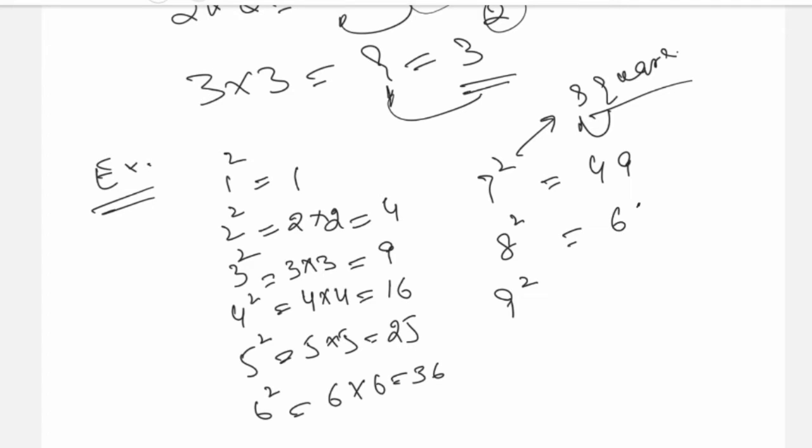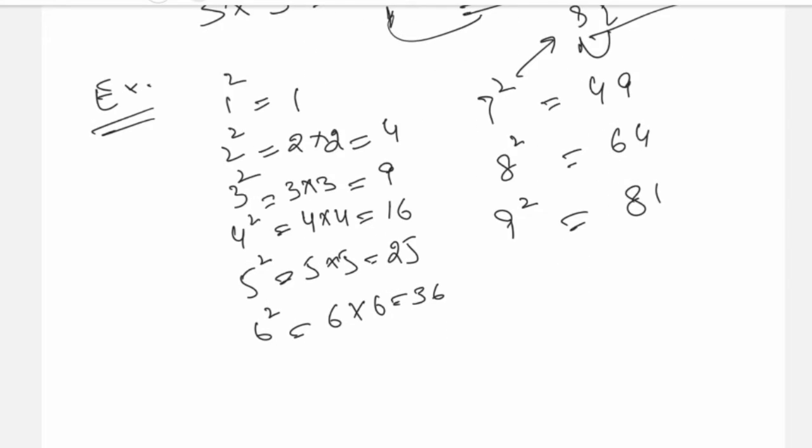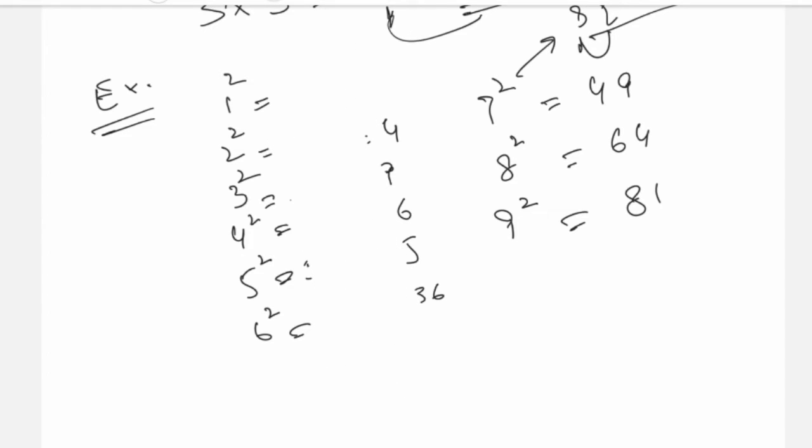Then 49, 64, 81. So we have these numbers. When we square all these numbers, we have 4, 9, 16, 25, 36, 49, 64 and 81. Now let me raise this one so it should be clear.